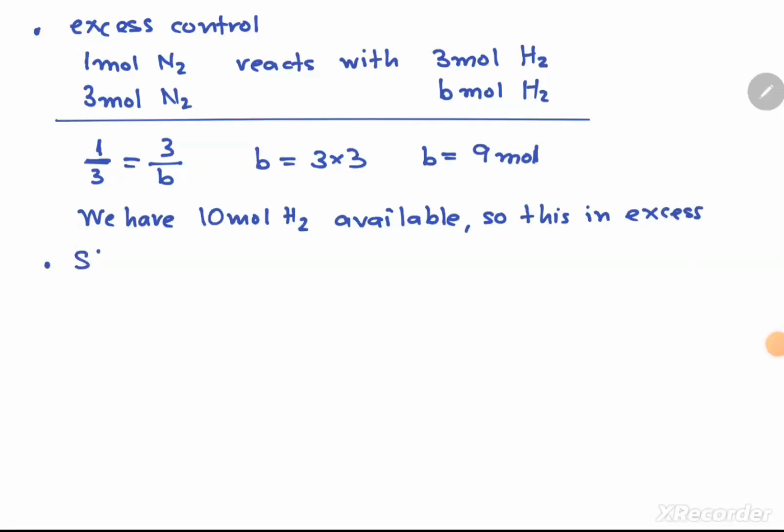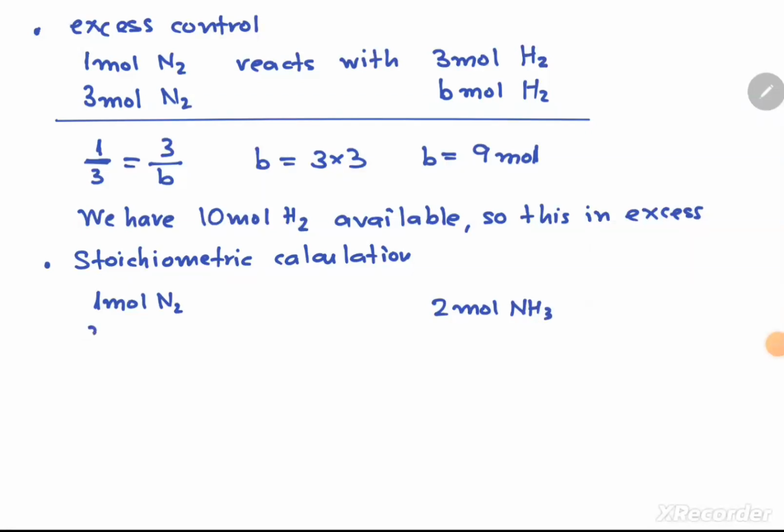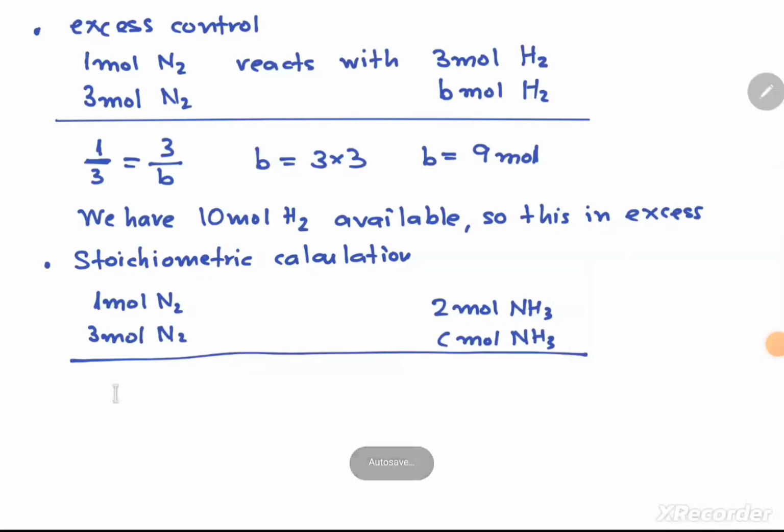Then we have the stoichiometric calculation using the 3 moles of nitrogen as limiting. 1 mole nitrogen gives 2 moles ammonia. 3 moles nitrogen react and we have x moles ammonia, and we solve the ratio.